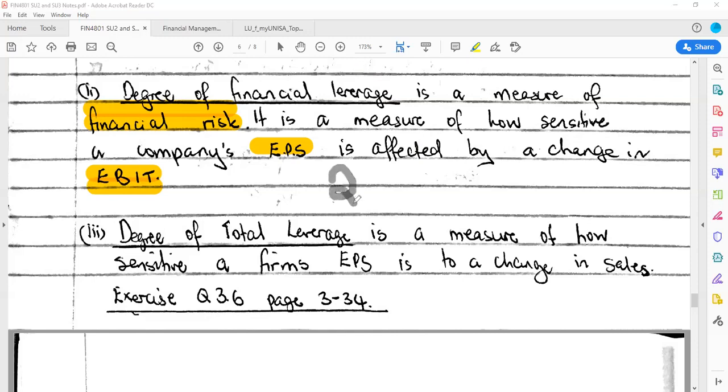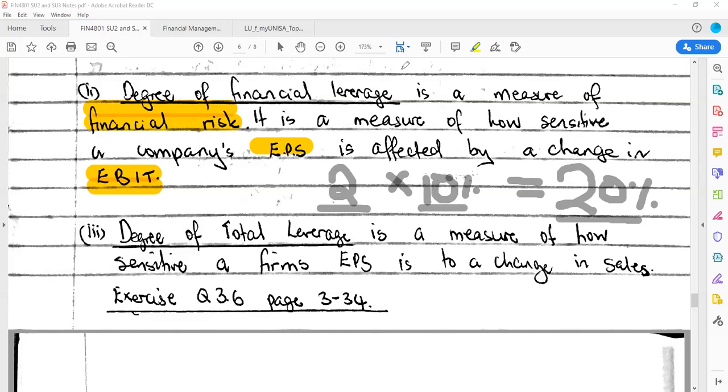Let's say the degree of financial leverage is 2, and let's say our EBIT changes by 10%. This would mean that our EPS will change by 20%. If we say 2 times 10%, we get the change in our earnings per share.